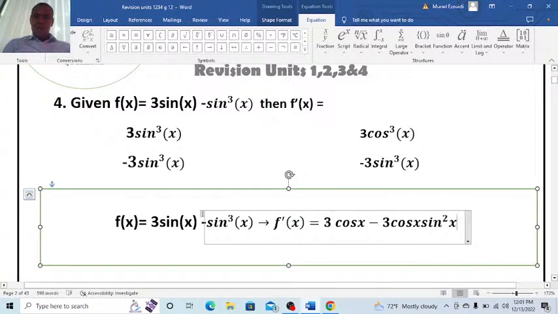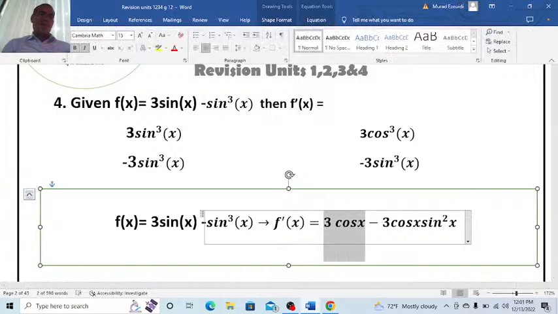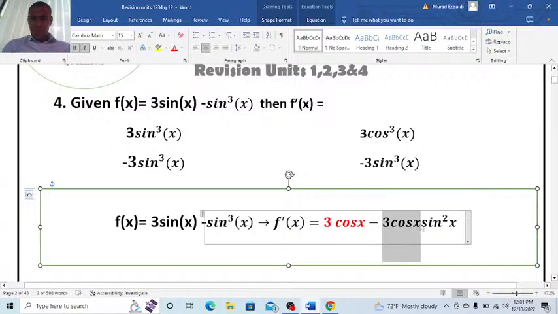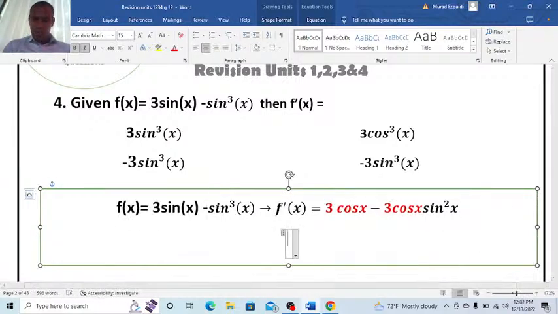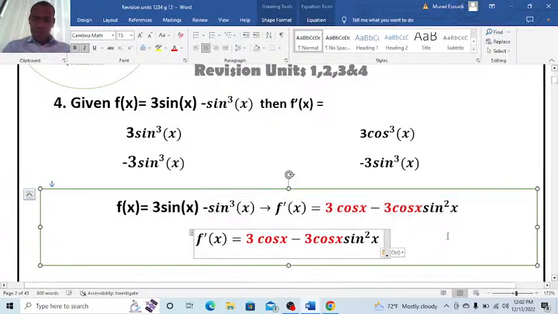You can see that 3 cosine of x is a common factor between these two terms. Okay, 3 cosine of x. I will put 3 cosine of x outside the brackets. So this one gives me equal 3 cosine of x.